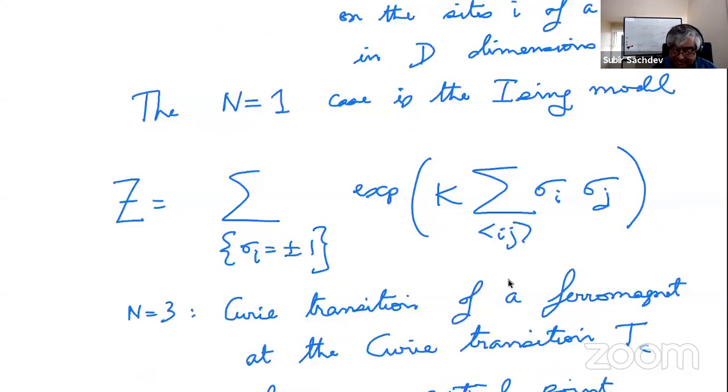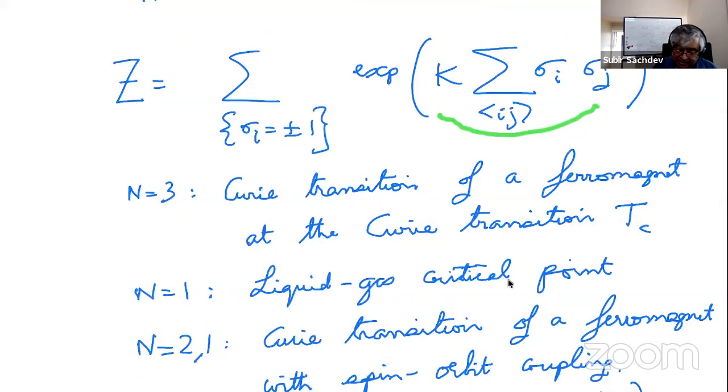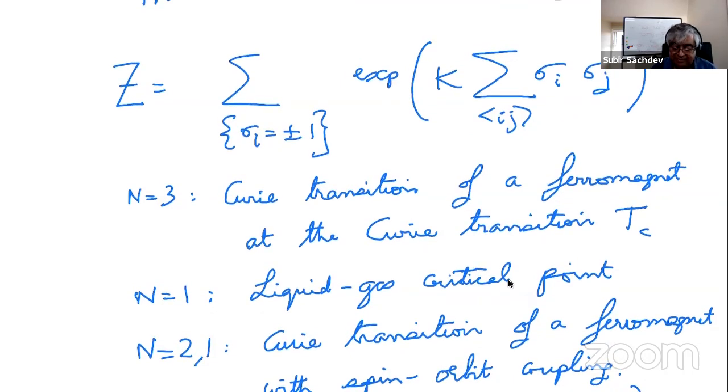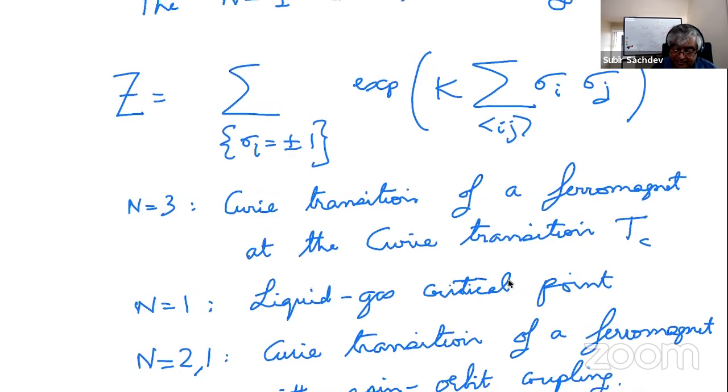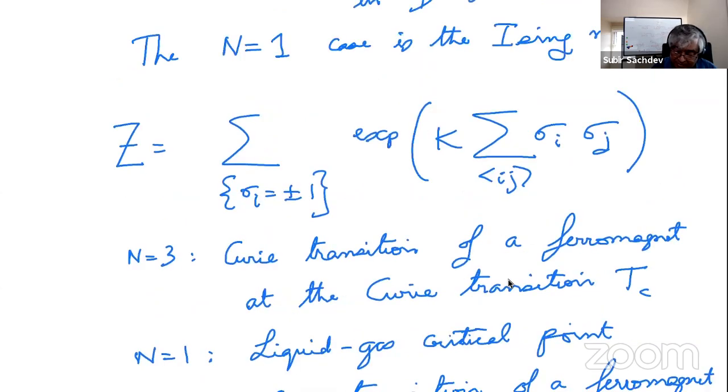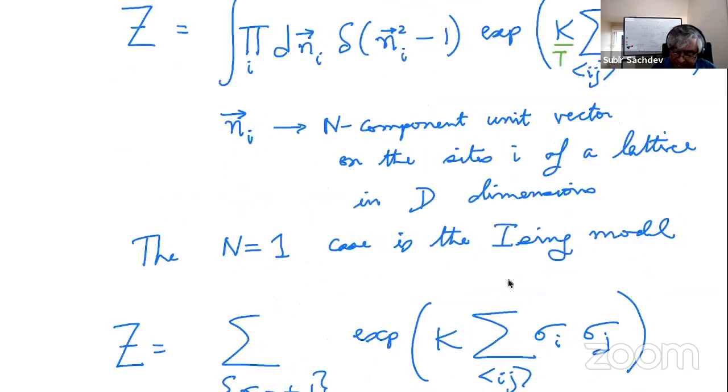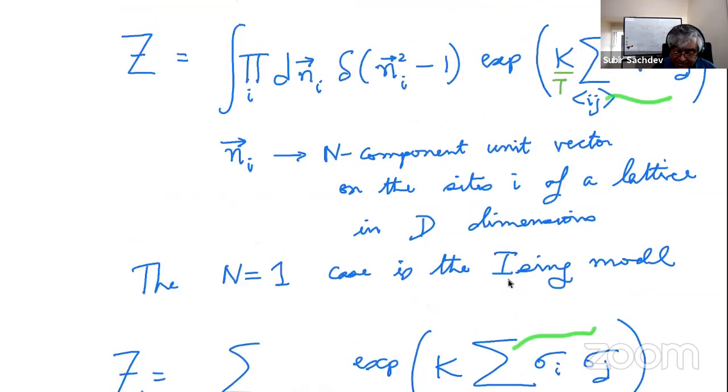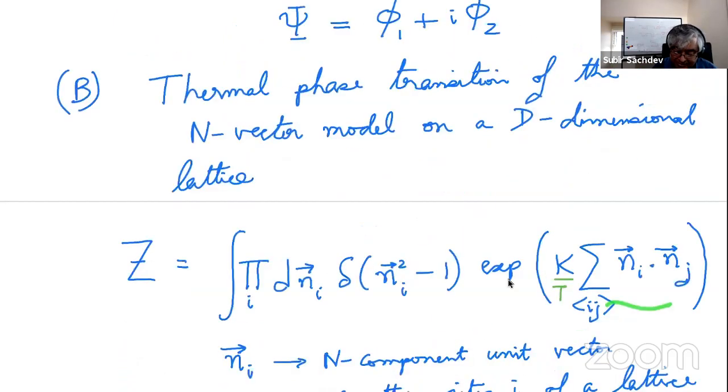You may have also seen, and certainly when I teach StatMech, I discuss this. If you do the van der Waals theory of a liquid gas critical point, it has great similarities to the Ising model. And the liquid gas endpoint is in fact described by the Ising critical point. And then all of these models for their respective values of n and D at long wavelengths map onto this model.